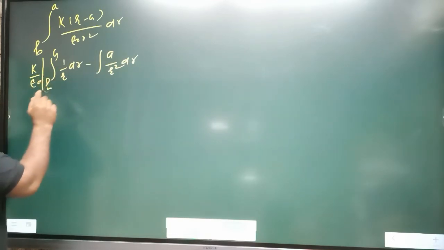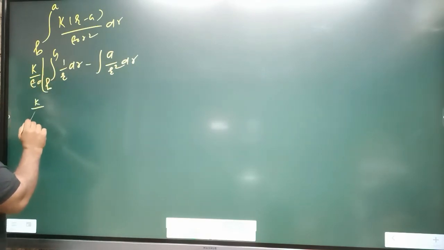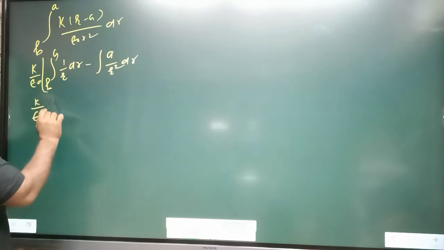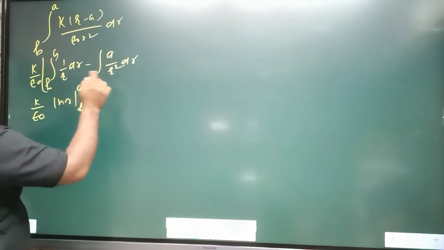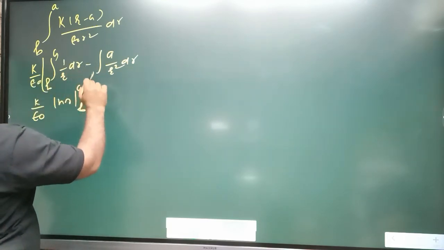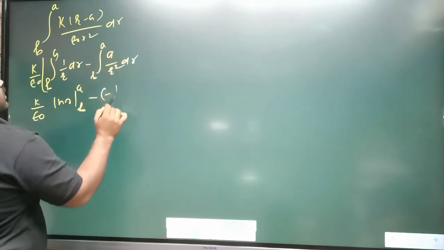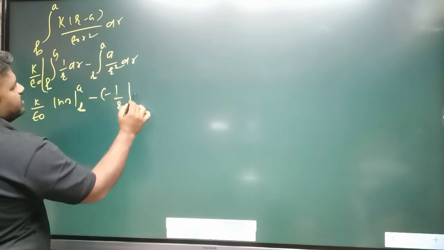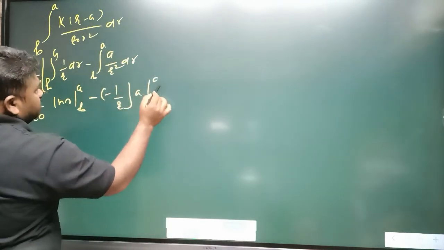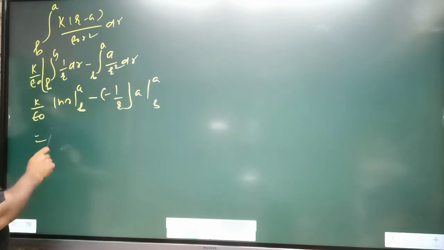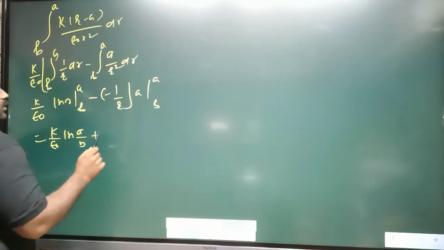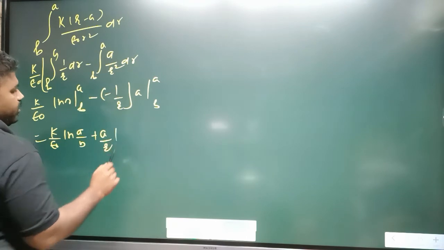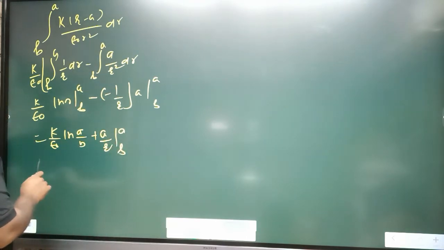As 1 by r integration is ln r, limit b to a, minus 1 upon r square integration is minus 1 upon r, minus 1 upon r, and a is outside, limit b to a. Okay, this is equal to how much? K upon epsilon naught, ln a upon b, minus minus becomes plus, a upon r, limit b to a. This is equal to how much?